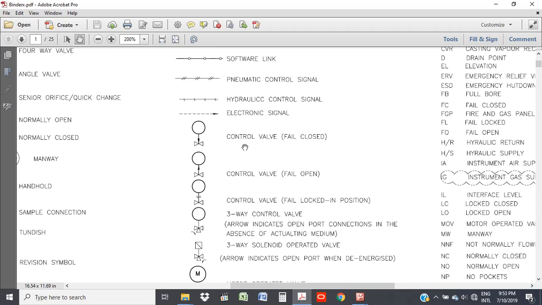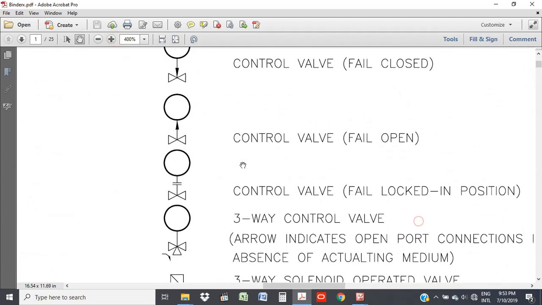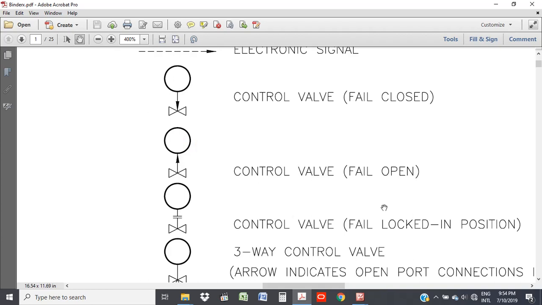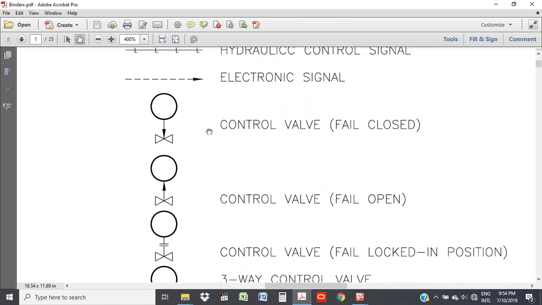So some are designed to fail in an open position, or some are designed to fail in a closed position. And that's what this arrow pointing up means, it fails in an open position, and this arrow pointing down means it fails in a closed position. When that happens, you want it to fail open or you want it to fail closed. They've been designed that way.